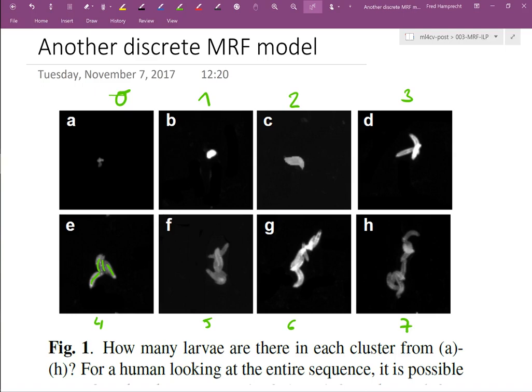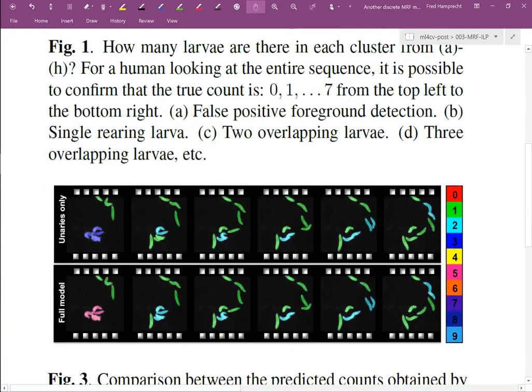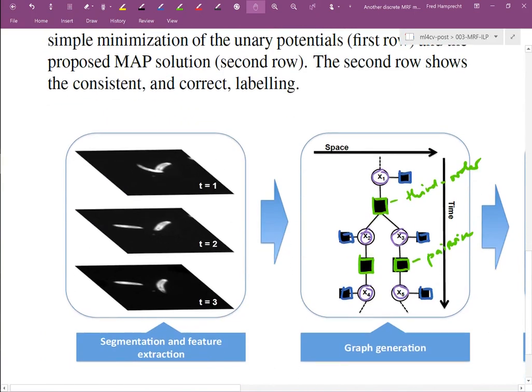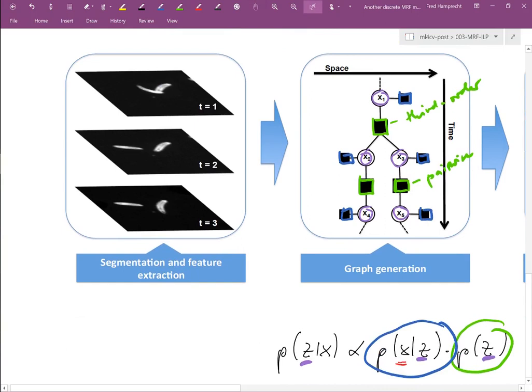However, this is video, and these videos have high frame rate compared to the velocity of the larvae, so we can exploit the information of what's going on before and afterwards to come up with a more informed estimate. So here on the left-hand side are shown 3 patches from 3 subsequent frames.